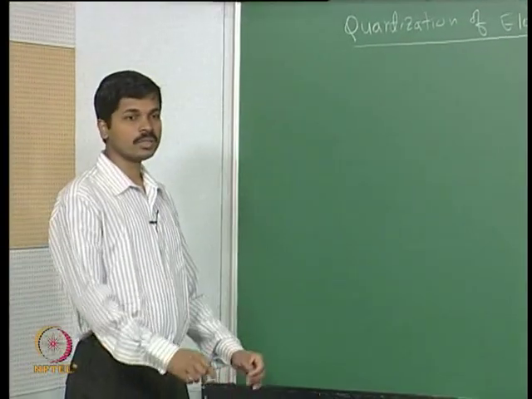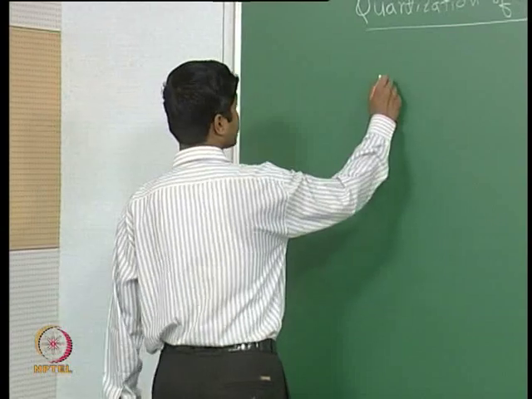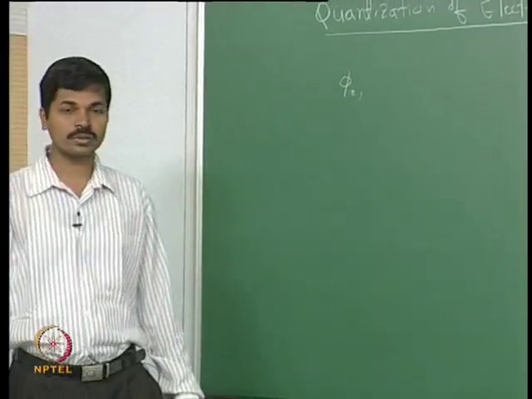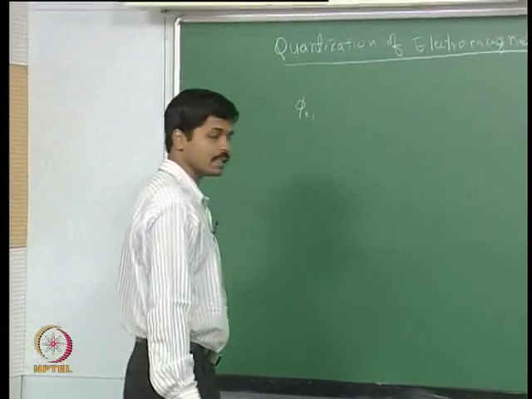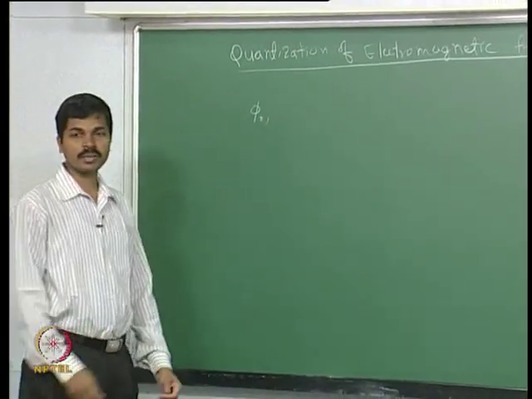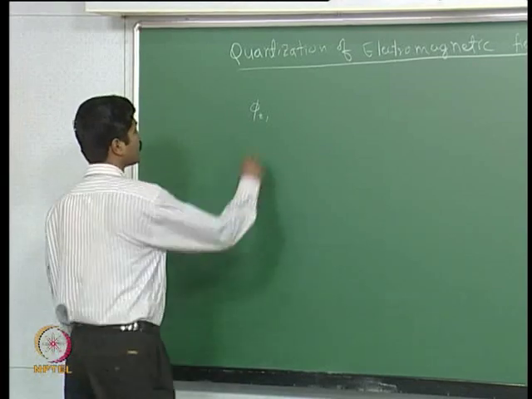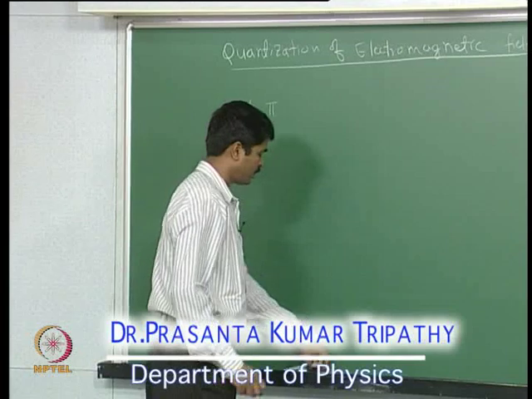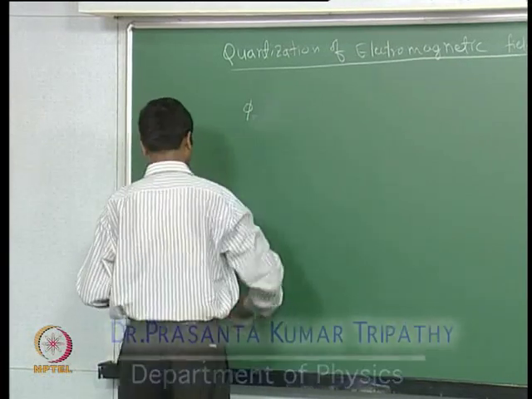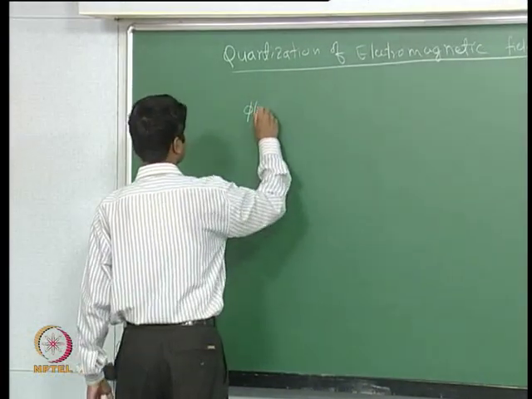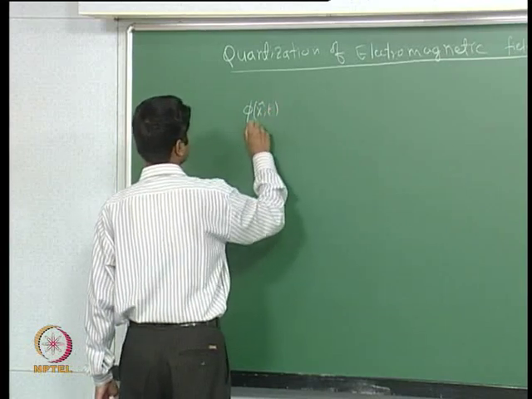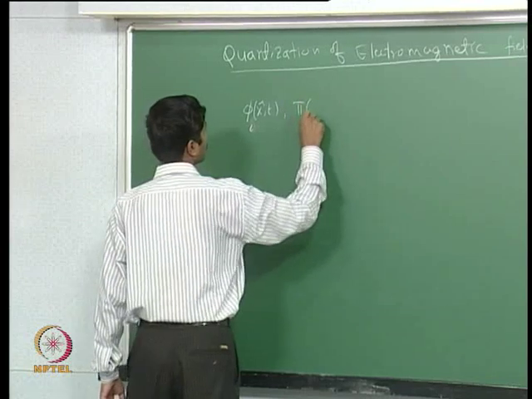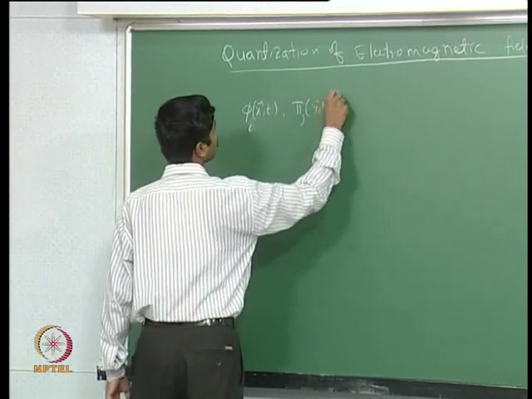Normally, when you have a bunch of scalar fields, let us say the scalar fields are labeled by phi I, then what do you do? You consider the Lagrangian density and then you derive the corresponding conjugate momentum. Let us say you have a free field, then the commutator of phi I of x, t with pi j of y, t.